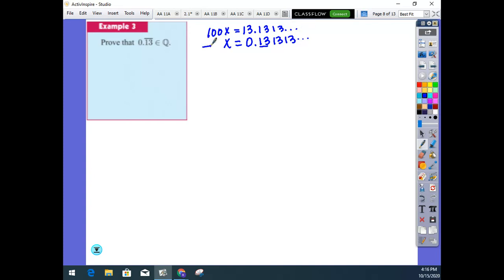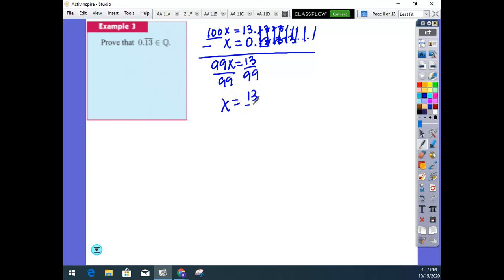And then what we do is we subtract. 100x minus 1x is 99x. We subtract 13 minus 0 is 13. Then these all line up. That's the reason we multiply by 100: I wanted the 1s to line up, the 3s to line up forever and ever and ever. And I get 99x equals 13.